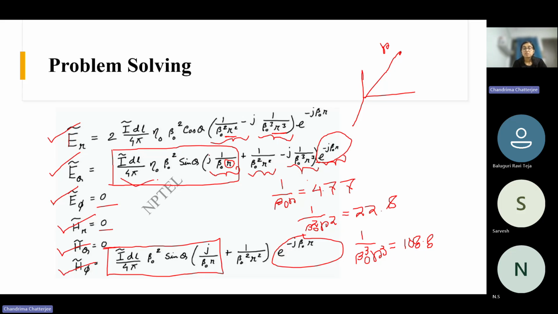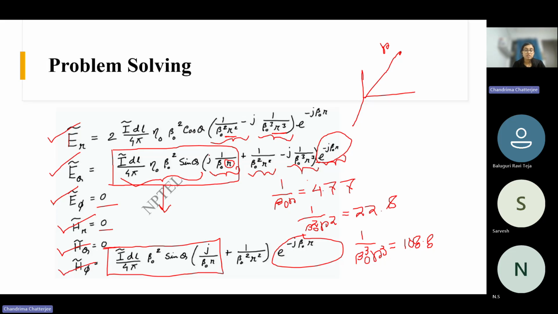Then this portion, calculate this portion. I naught was 10, but it has a phase angle also 30 degree. We will have to remember that. Right now we are just calculating the magnitude parts, and dL is 1 centimeter, right?